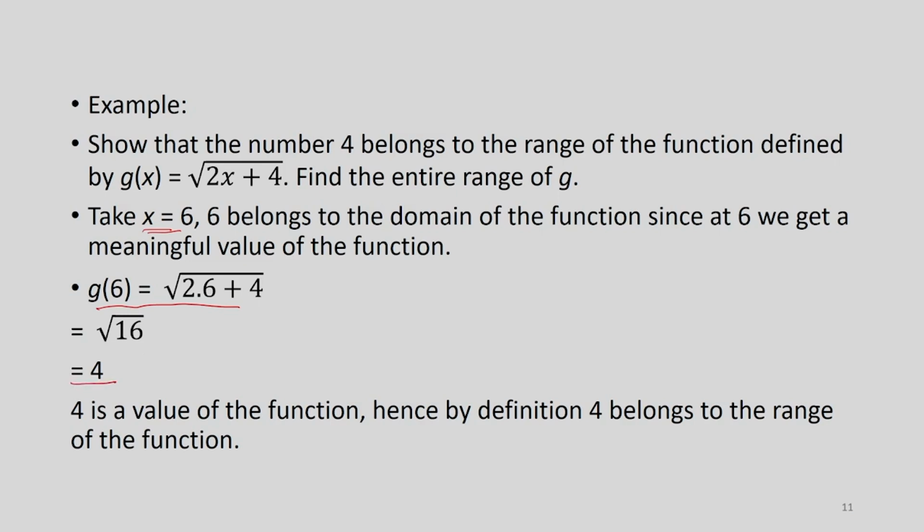Now, that is what we had to prove, that 4 is a number which belongs to the range of the function. So, we have put x equal to 6, and the value of the function comes out to be 4. That means, for a particular value of x, we get 4 as the value of the function. Therefore, this number 4 belongs to the range of the function.